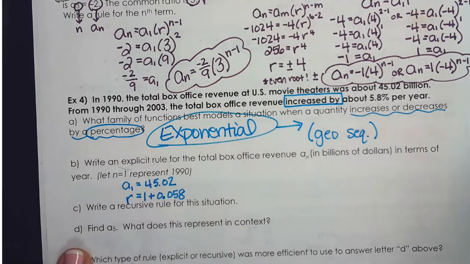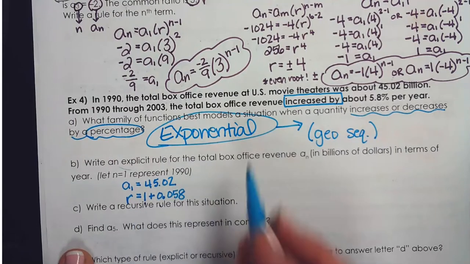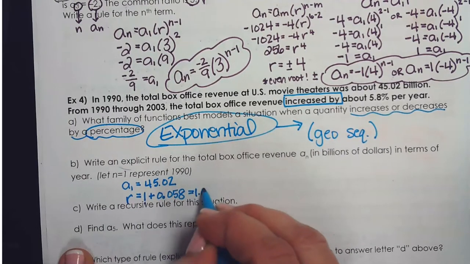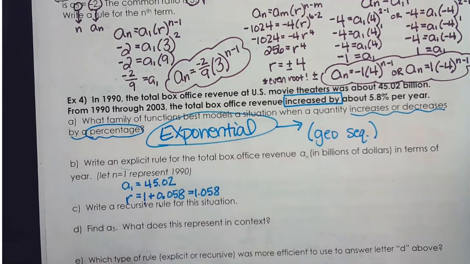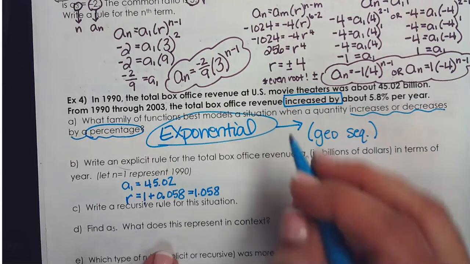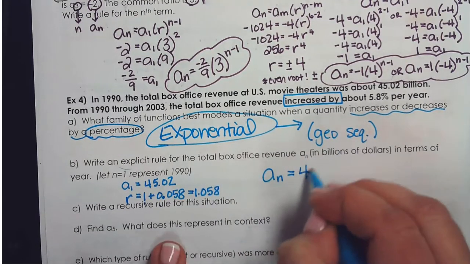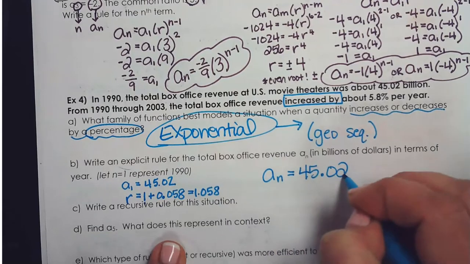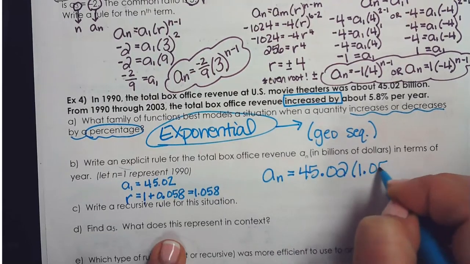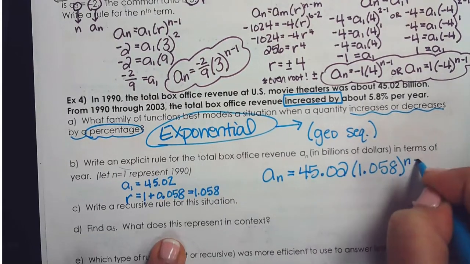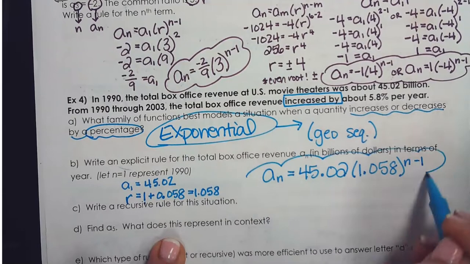So if it increased by 5.8%, we want the original 100% and the additional 0.058. So that's going to be 1.058. And that's enough information to write my equation. A sub n equals 45.02 times 1.058 to the n minus 1.